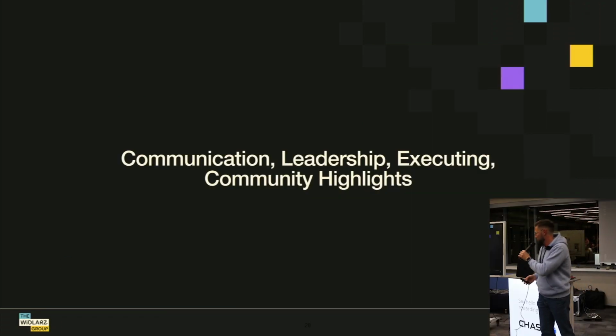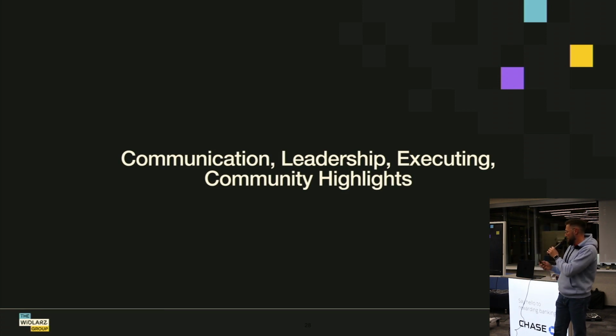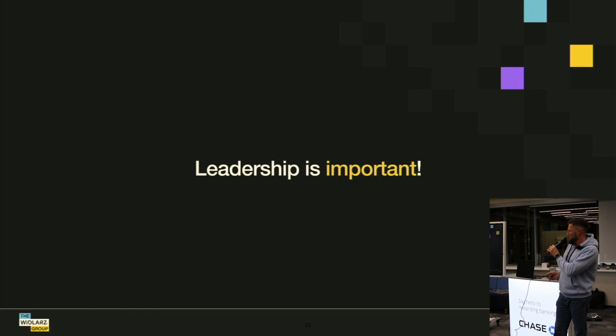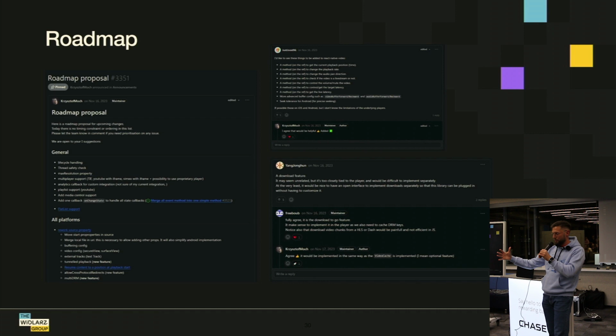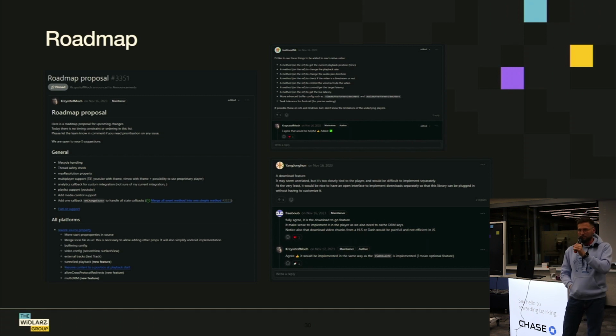And the third batch: communication, leadership, executing, and community highlights. Leadership is important. You need to drive the community's power toward going somewhere. They want to do something, but they don't know the direction from a person or organization.